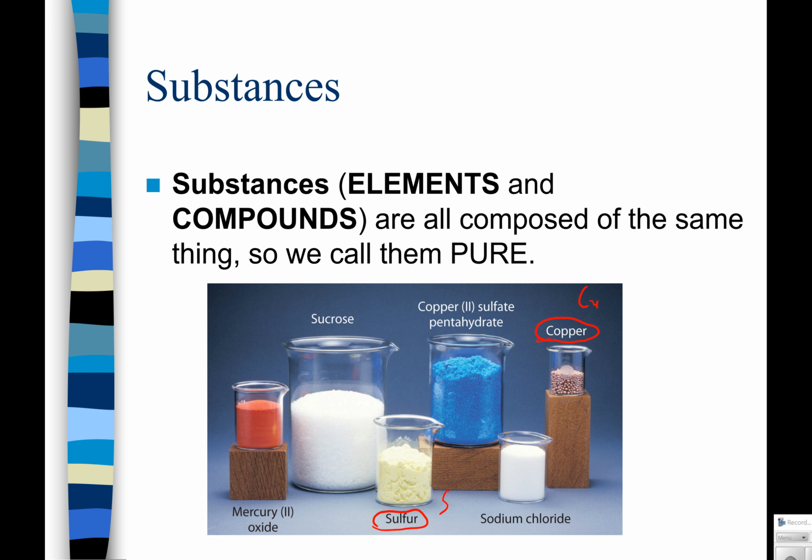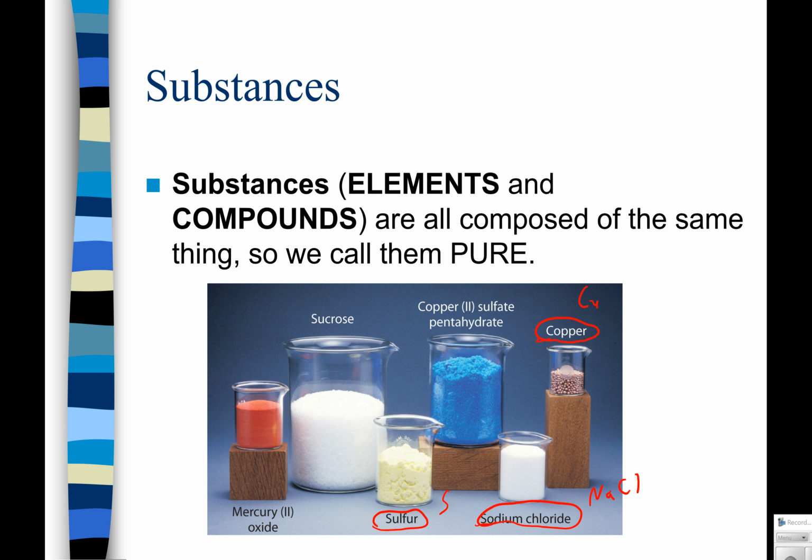The other four substances here are compounds, meaning that they have a set ratio of elements in their formula that make up their composition. For example, sodium chloride down here has a set ratio of 1 sodium atom to 1 chlorine atom. That makes up the formula for that compound.